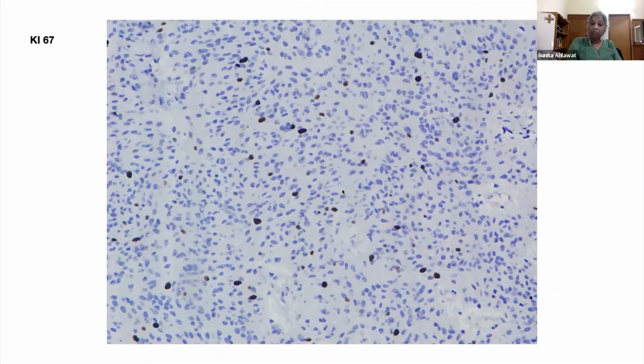So I called it a mixed glioneuronal tumor, and I did not put a grade to this tumor because I wasn't sure how this should be graded.